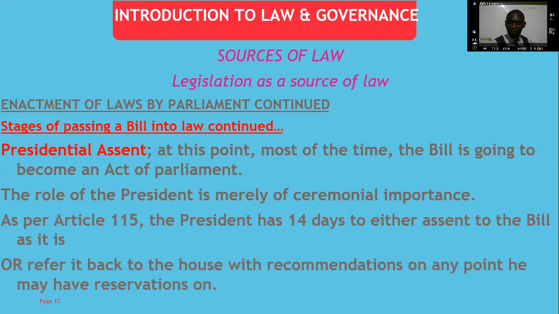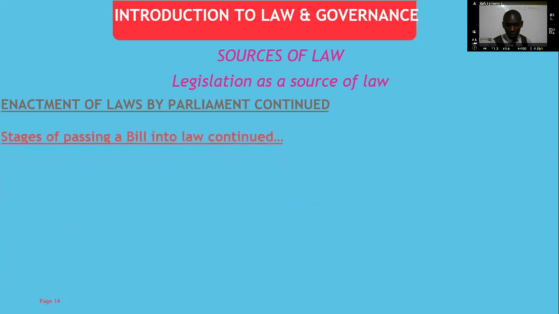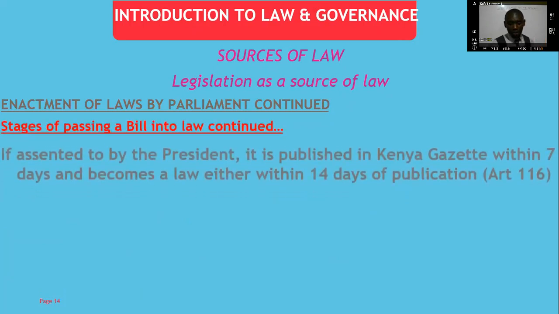He can refer it back to the House for amendments with some recommendations on the issues that he has reservations on. He can give his suggestions, make a few changes here, a few changes there, then say, I'm going to sign with those changes. And the House does not have to follow the President's recommendations.